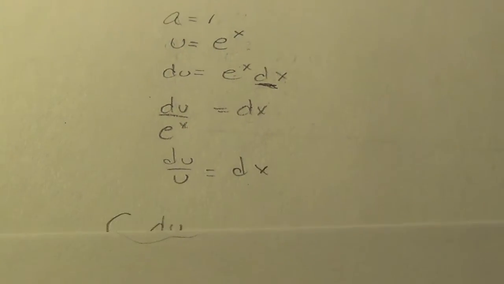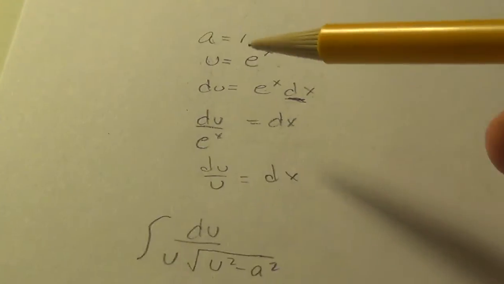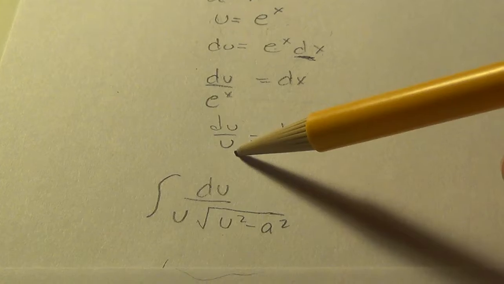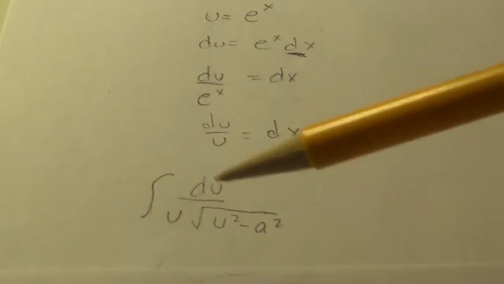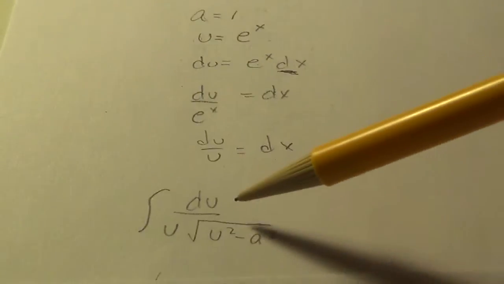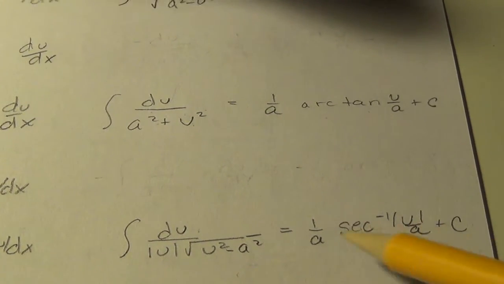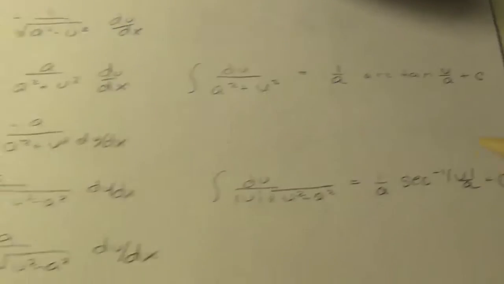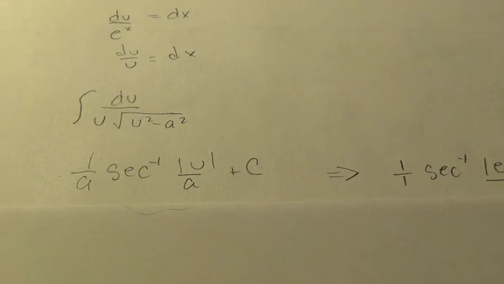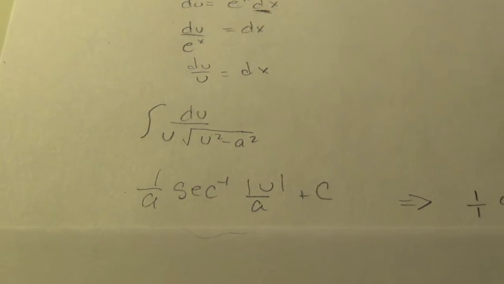So when I do that, my problem that did look like this now looks like this. du over u is my dx, and then square root of u squared minus a squared. And now that is exactly like this expression right here. So I know that this will be the answer. So I come back down and I write the answer out just as the formula says, but then I substitute back with x's and numbers.